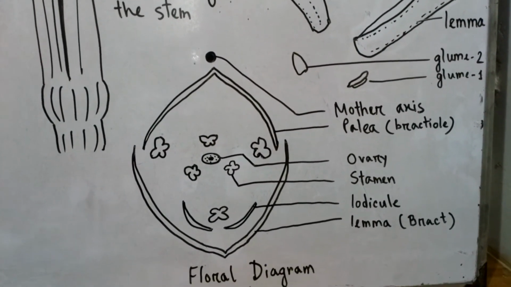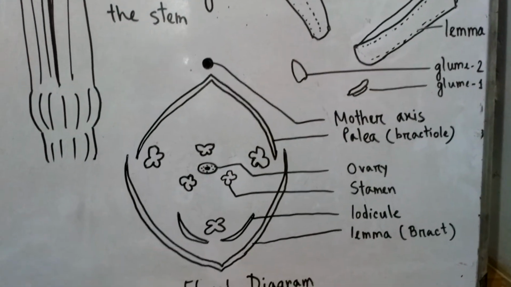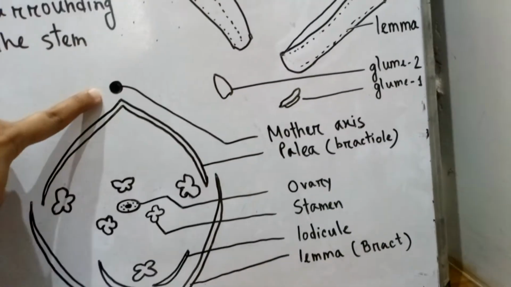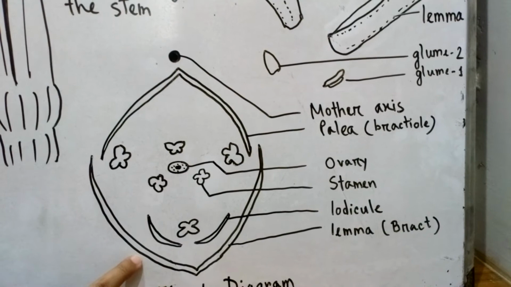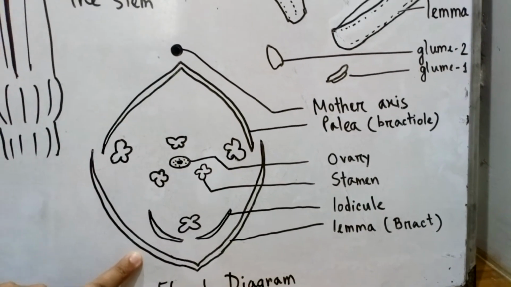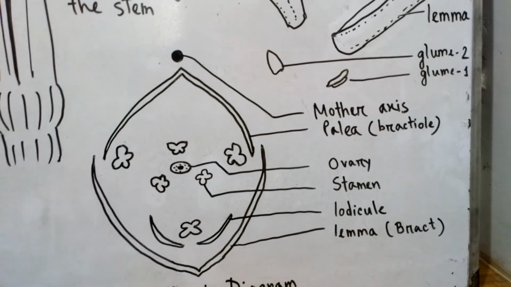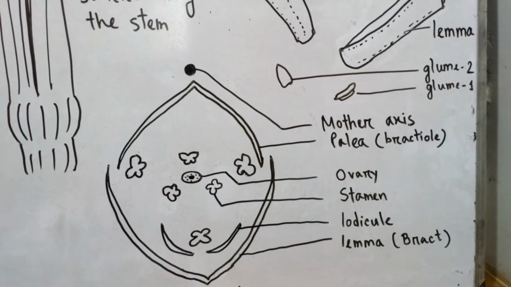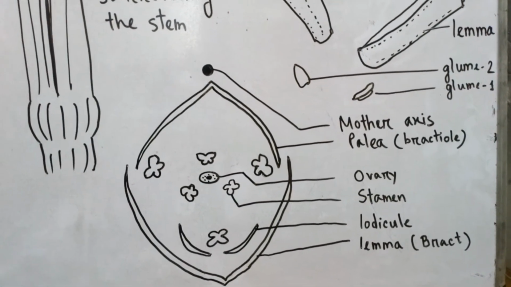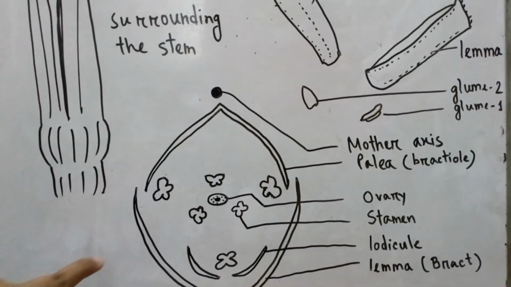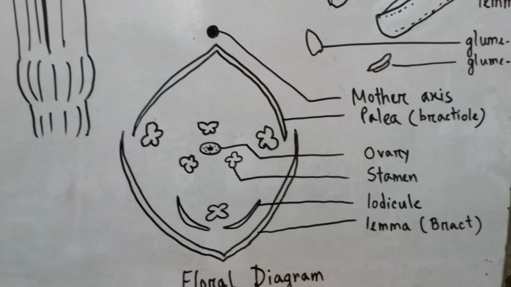If we come from the central part, this is the mother axis, and you can see that this is lemma. I told you before that above two non-flowering glumes, glume 1 and glume 2, there is lemma present, which is also known as bract. So lemma is present, and just opposite to lemma there is palea present. Palea also indicates bracteole.